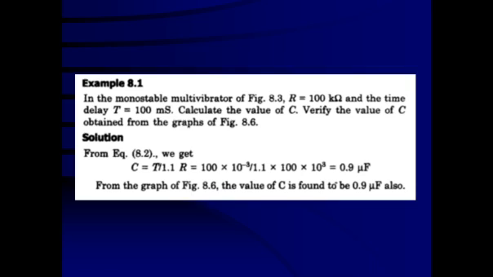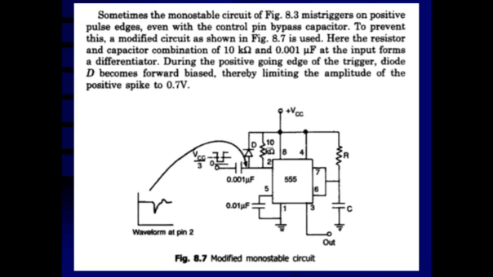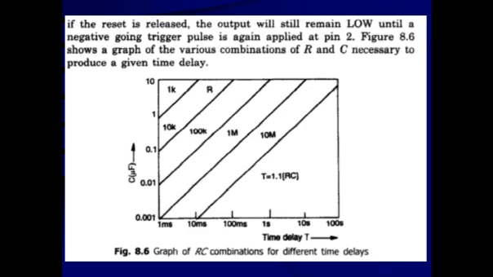You can see here. We will see that graph again. If I take the value of the resistance as 100K, you require 100 milliseconds. Corresponding to this, if you intersect this graph and you intersect on the capacitor, it is slightly less than 1 microfarad.